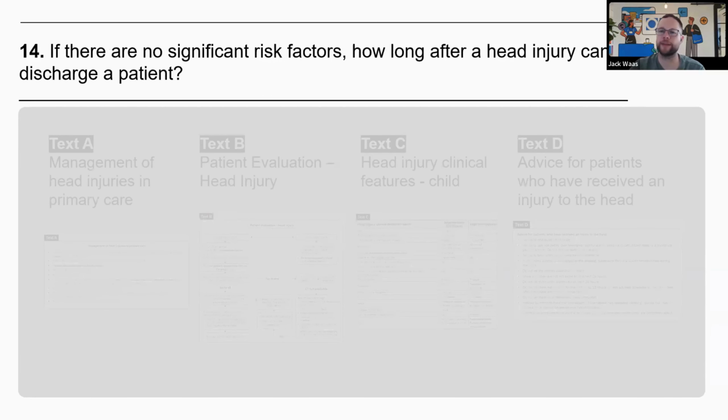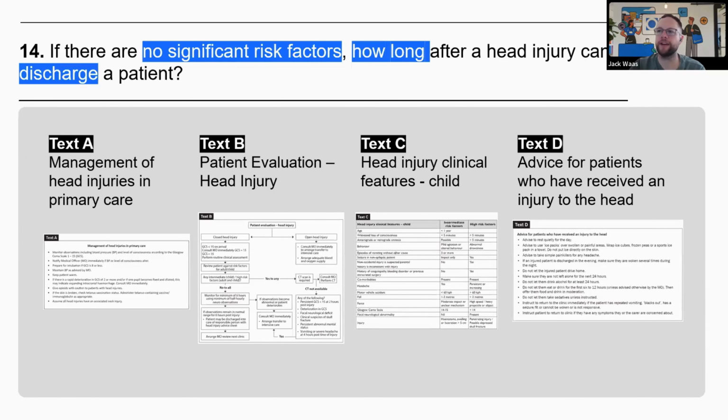So what are some of the key words here? If there are no significant risk factors, how long after a head injury can you discharge a patient? It's asking for the amount of time, how long? The condition is that there should be no other significant risk factors present. So we are looking for a time related to discharge. Where do you think we could find this information?